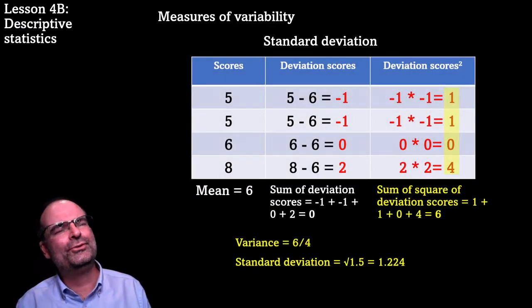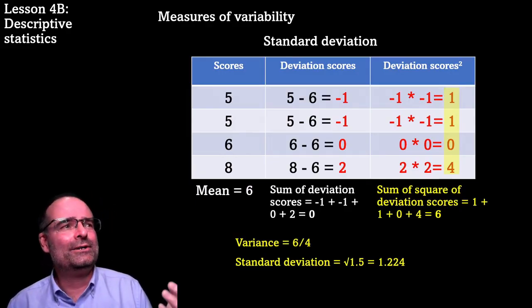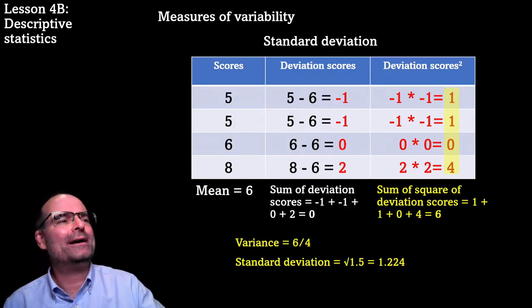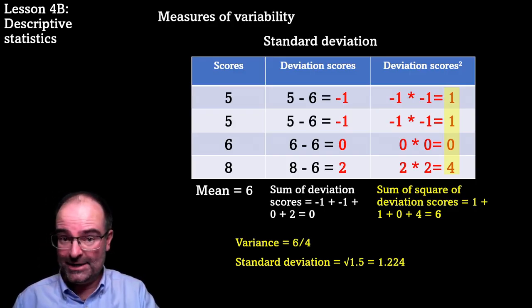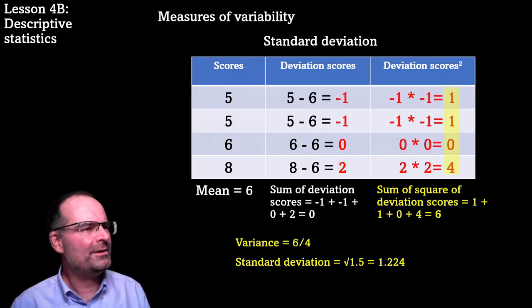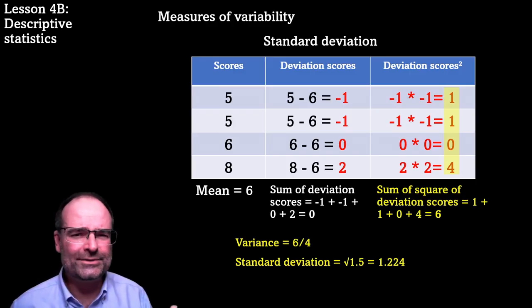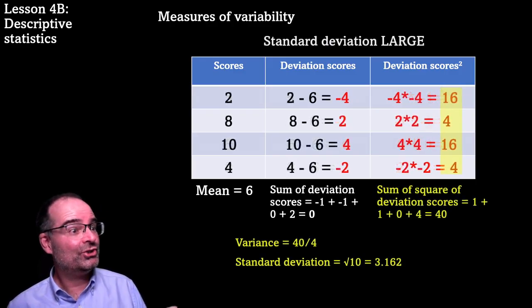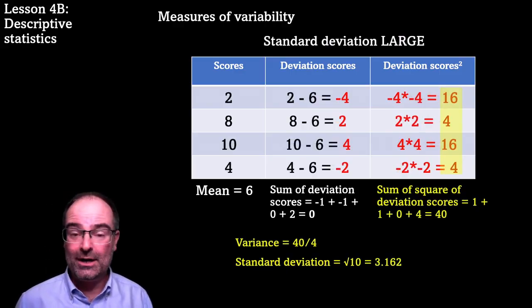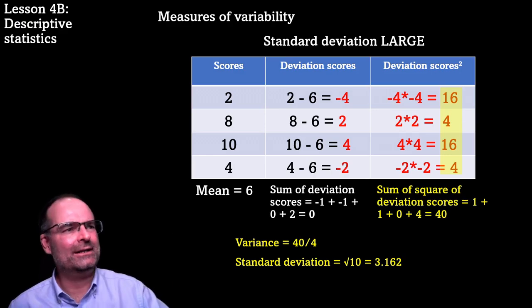The other thing you'll notice if you do this by hand is what impact the variability of scores will have on the deviation scores, and then the deviation scores squared. So look at those raw scores now, 5, 5, 6, 8. They're all very close to 6. They're very close to the mean. What if the scores were 2, 8, 10, 4? Same mean, 6. But now the scores vary greatly around the mean.